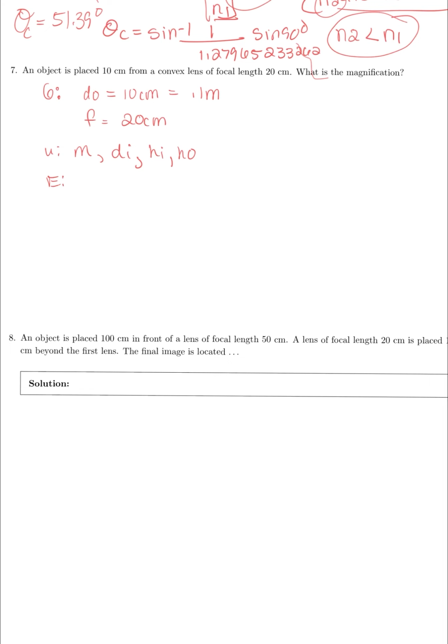But our equations: we know 1 over F equals 1 over DO plus 1 over DI. And for magnification, negative DI over DO equals HI over HO, which we don't have HI or HO, so that's really not going to be much help. But since we have DO and we have F, we can find DI.